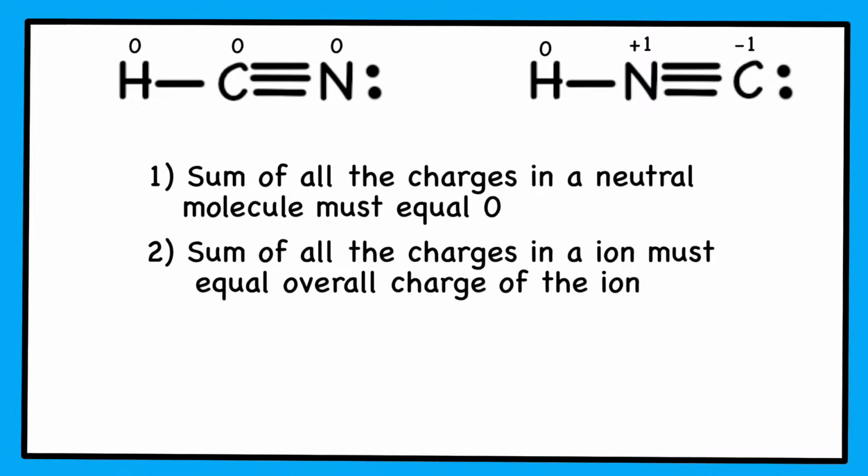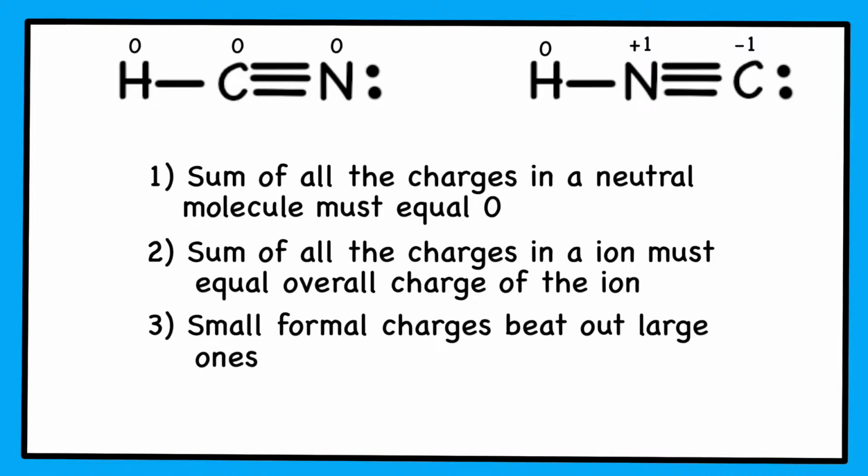Rule 3: small or 0 formal charges on individual atoms are better than large ones. So let's say we have multiple structures that have the same total formal charge. The one that has the smaller changes in charges, or the most zeros, is going to be more stable than one with extreme changes in charges.